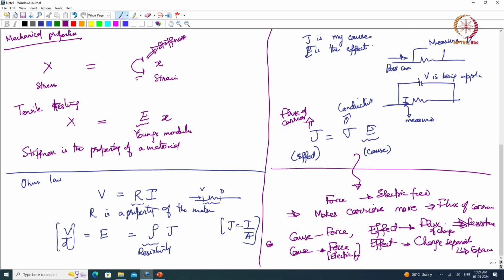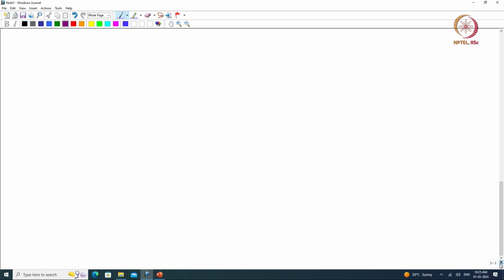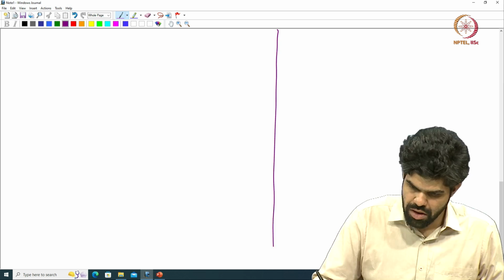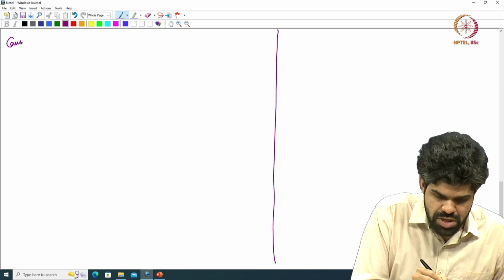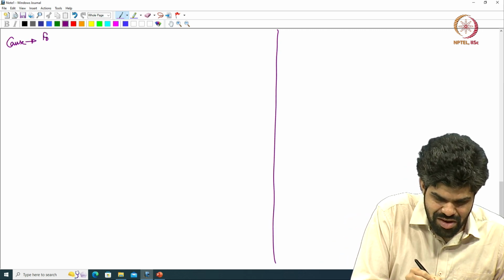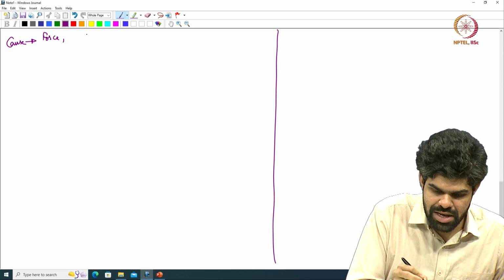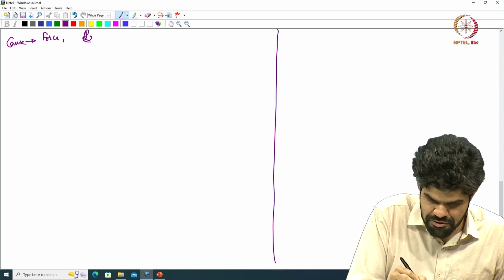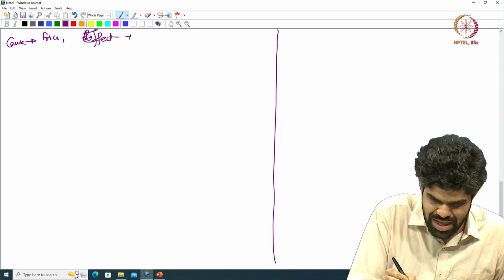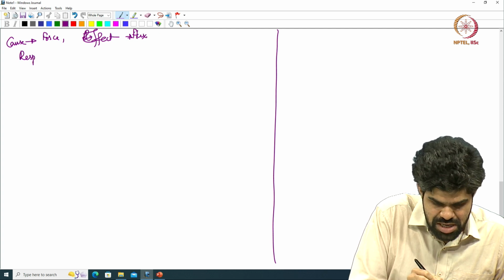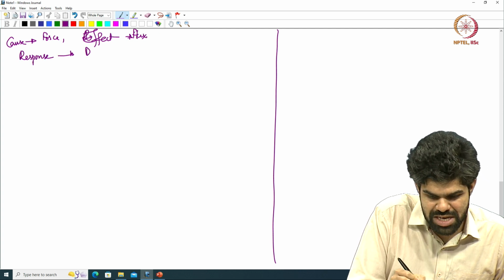So if there is a force and there is a flux of something, these properties tend to be what are called dissipative properties. Resistance is one of them. So if the cause is a force and the response, the effect, is flux, then the response function is dissipative in nature.